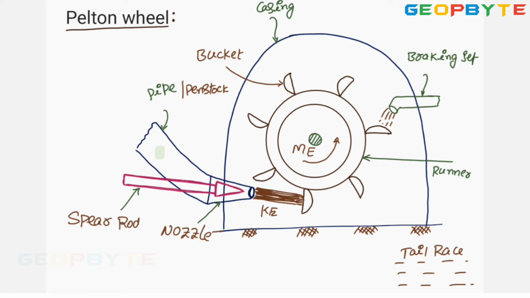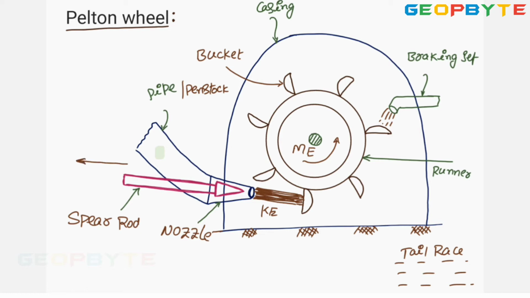At that time, there is a separate mechanism for water regulation called the governing mechanism. That governing mechanism is pulling the spear rod in this direction.